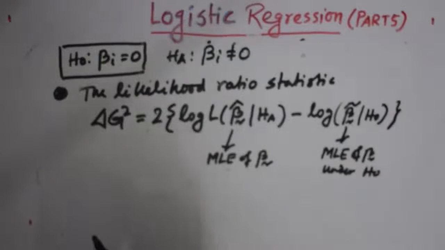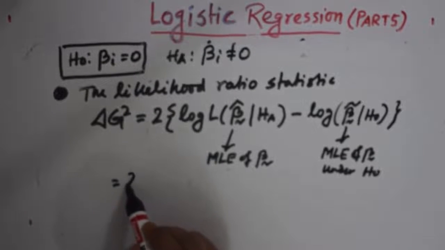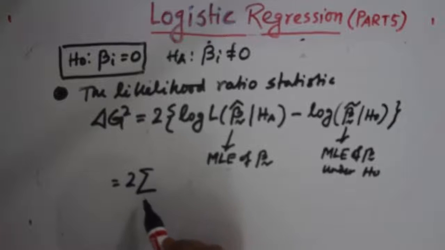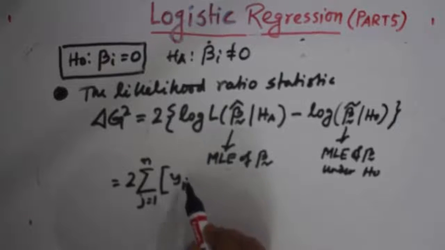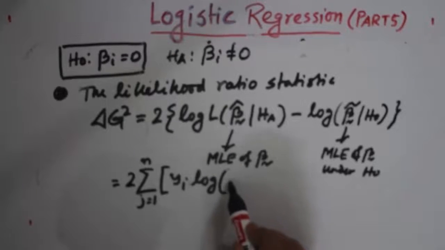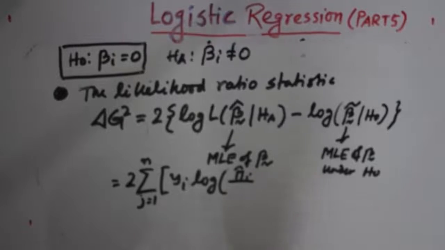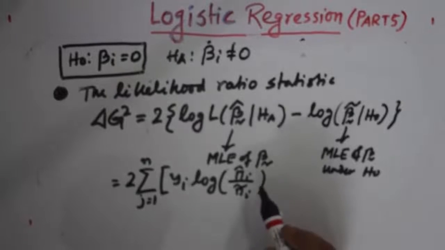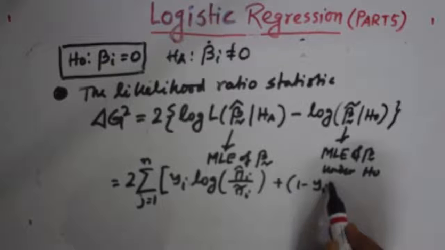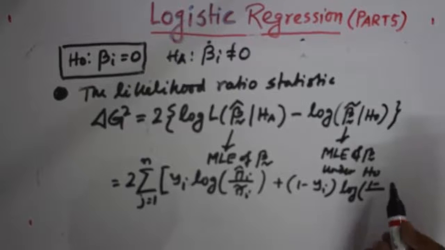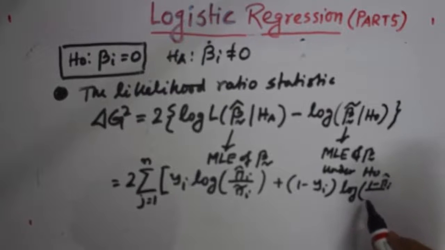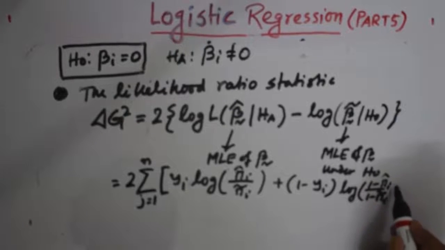So this is equal to 2 into the sum over i from 1 to n of y i log of pi i hat by pi i tilde plus 1 minus y i log of 1 minus pi i hat over 1 minus pi i tilde.